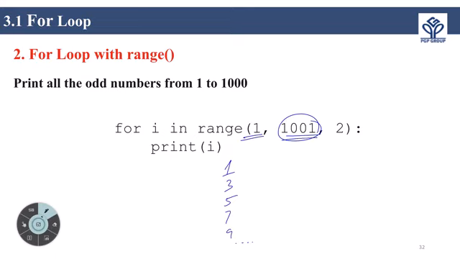Correct? So what is the number before 1000? 1000 is an even number, so this is not printed. We are using 999, so starting from 1 till 999 we can execute it. Clear?